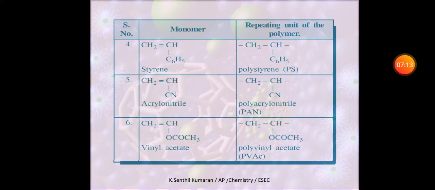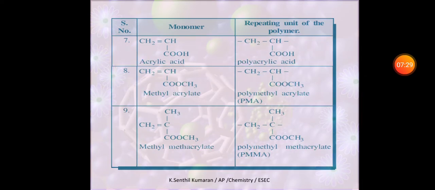Then vinyl acetate. n number of vinyl acetate molecules combine together to form polyvinyl acetate, PVAc. Next, acrylic acid. A carboxylic group connected with the ethylene structure is called acrylic acid. n number of acrylic acid molecules connect together to form polyacrylic acid.